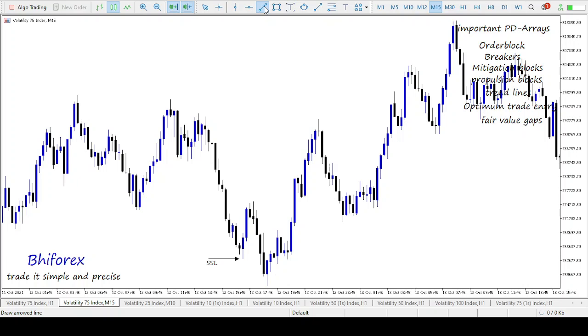Now I'll just do this, nice. Then I'll label that as my market maker buy model in forex. But here we'll just call it a buy model.